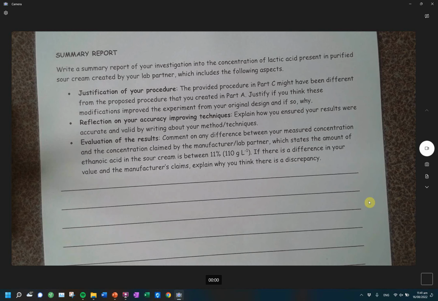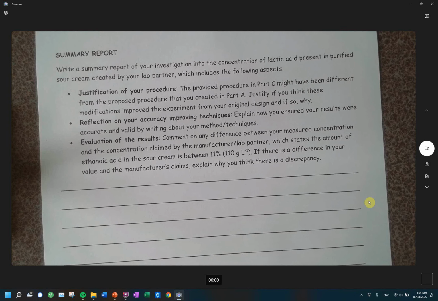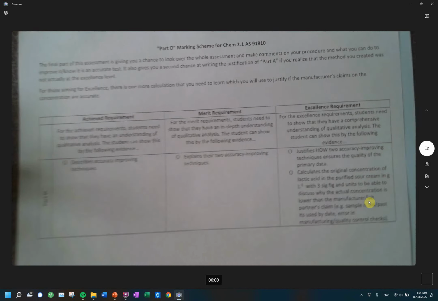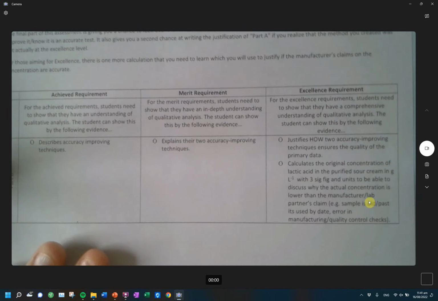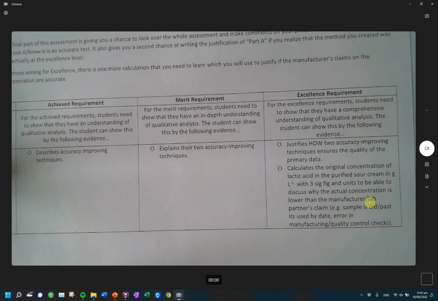Yes. All right. As you guys see, there are 3 bullet points there, and that means there are 3 different things that I need you guys to write about. And if you guys look at the checklist, depending on what grade you're aiming for, then you know what level of work you need to do for that justification. All right?